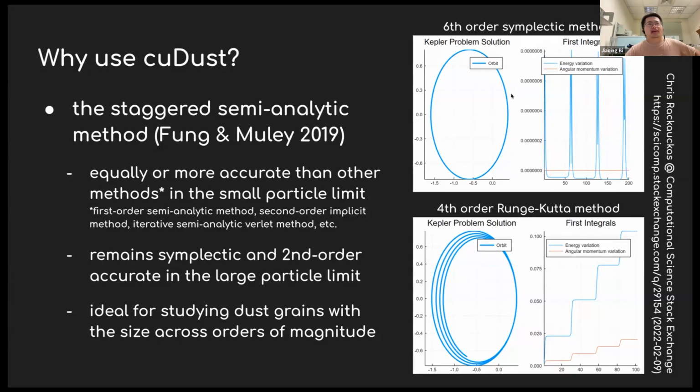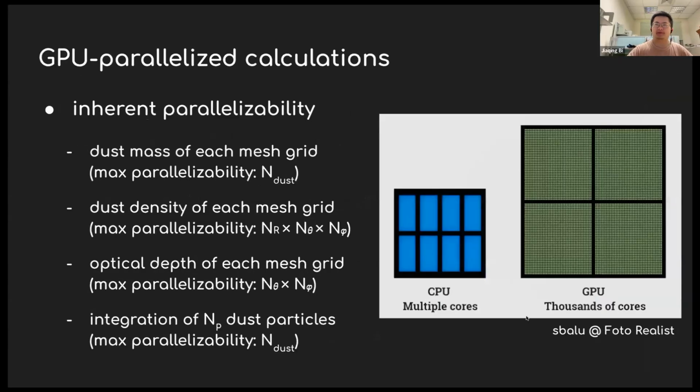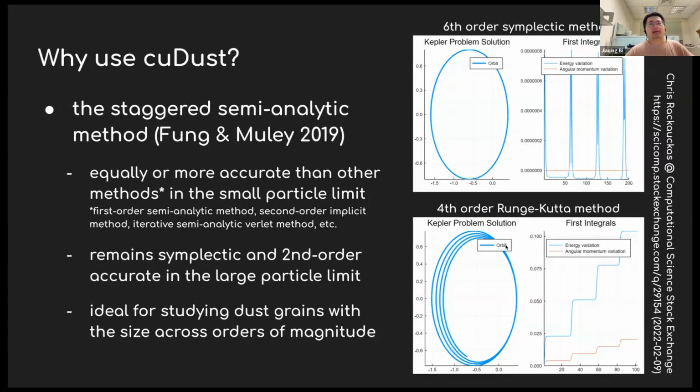But if the method is not symplectic, one example is the fourth order Runge-Kutta method, which is a very typical integration method. You see that over a long time, the Keplerian orbit shifts. So the result is not accurate. Why?